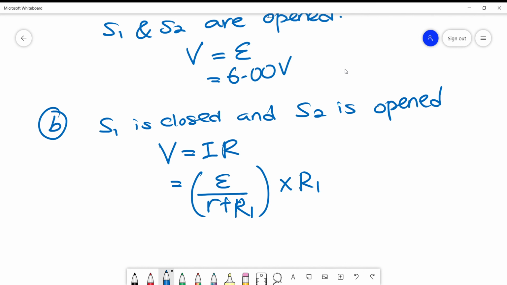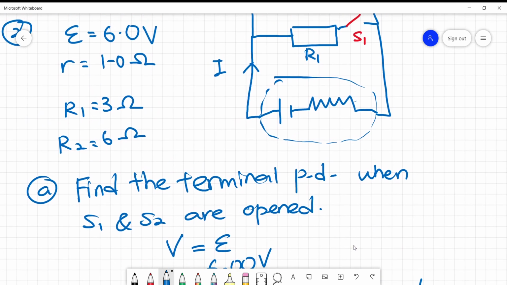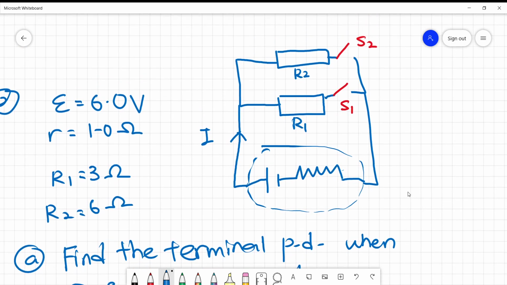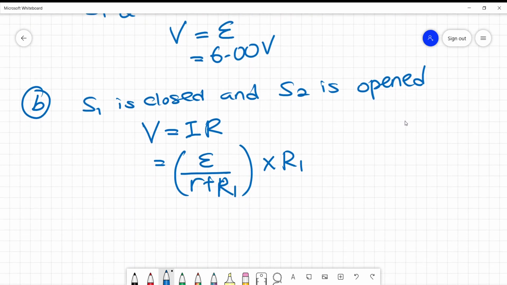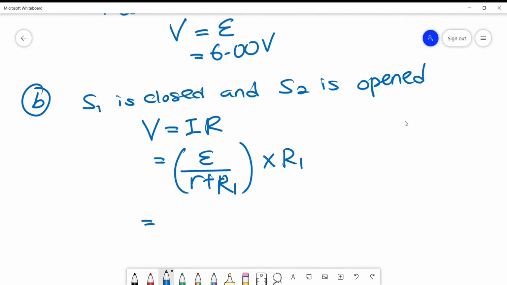Let me see whether I got it wrong. I think it's correct. My R1 is 3 and my R2 is 6. My electromotive force is 6, and the internal resistance given here is 1, times the resistance R1, the first resistance, which is 3.